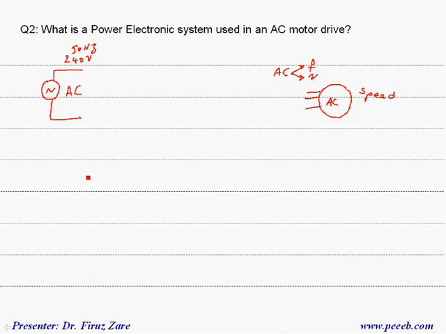We have four types of converters: DC-DC, DC-AC, AC-DC, and AC-AC. So think about it for 5-10 minutes and then design the power converter.